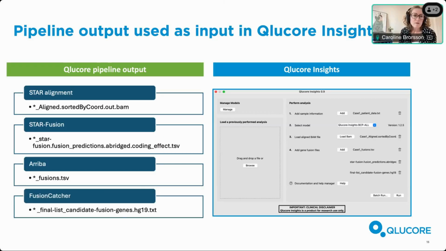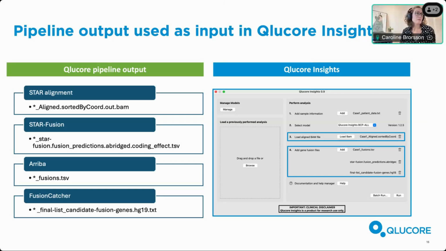For Arriba, we use the fusions.tsv. And for FusionCatcher, it's important to use the output file that ends with HG19 as input. And these files are used as input to Qlucore Insights.